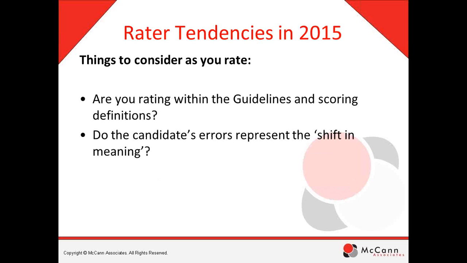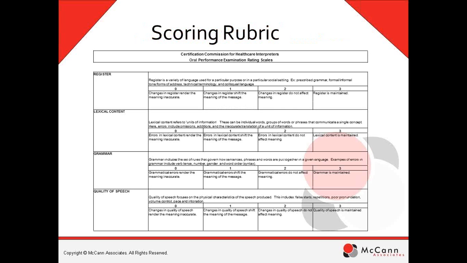Some things to consider as you rate. Are you rating within the guidelines and scoring definitions? Also, do the candidates' errors represent a shift in the meaning? That's very important.